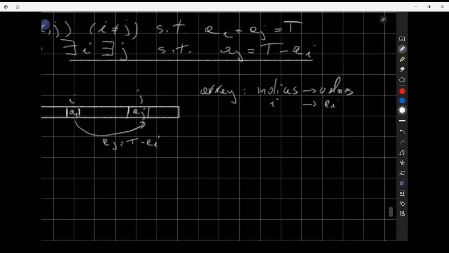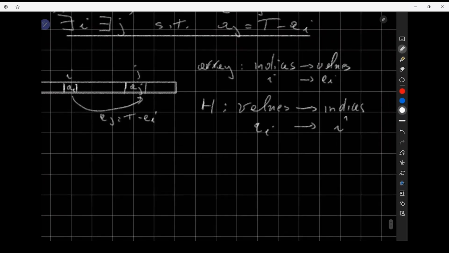We want to do the inverse of this. I'm going to call it, for obvious reasons, capital H. H wants to encode a mapping from values to indices. In other words, given ai, it wants to give i.